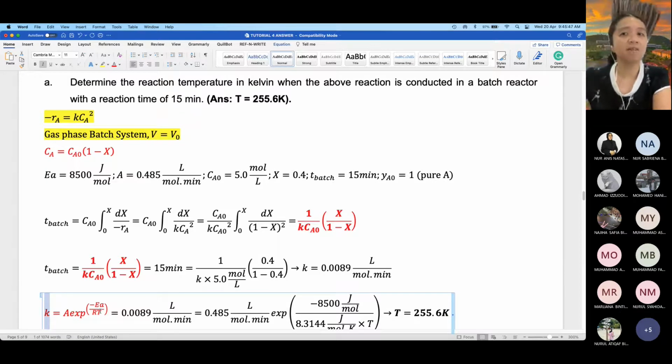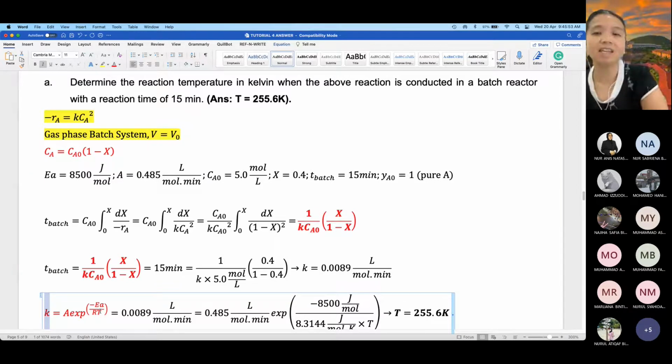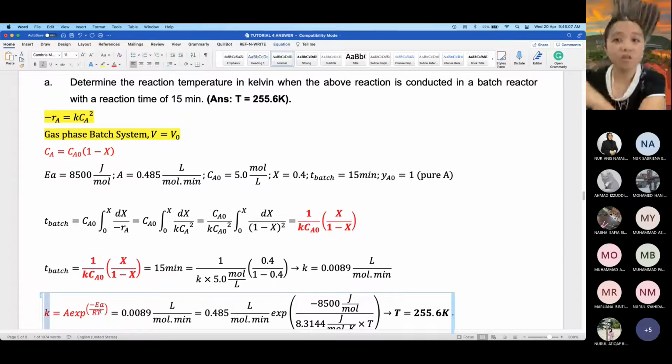Because as long as I cannot solve k, I will not get the temperature. So now you have to think, what is the second equation we can use to find k? Let's say you are not sure yet which equation finds k. The challenge is that we know we want to find T, we know the equation to find T, but that equation still has one more unknown, which is k, that we need to find.